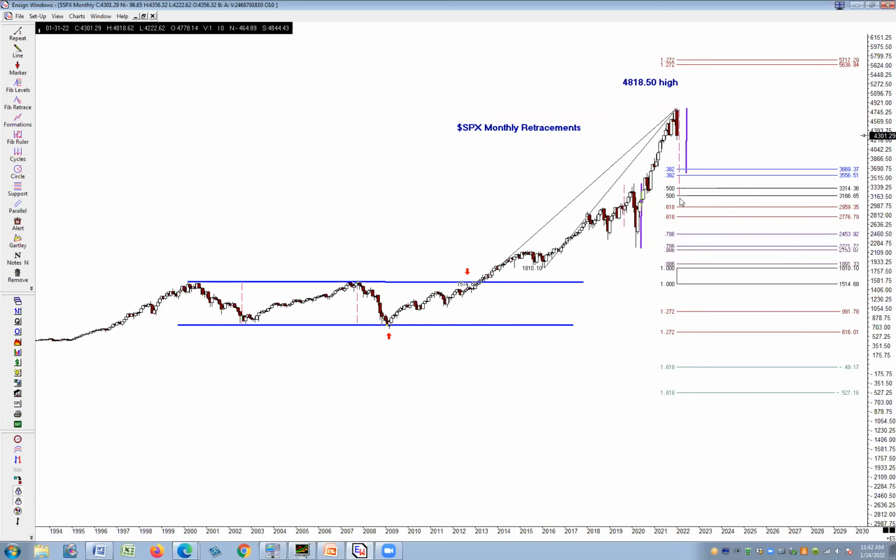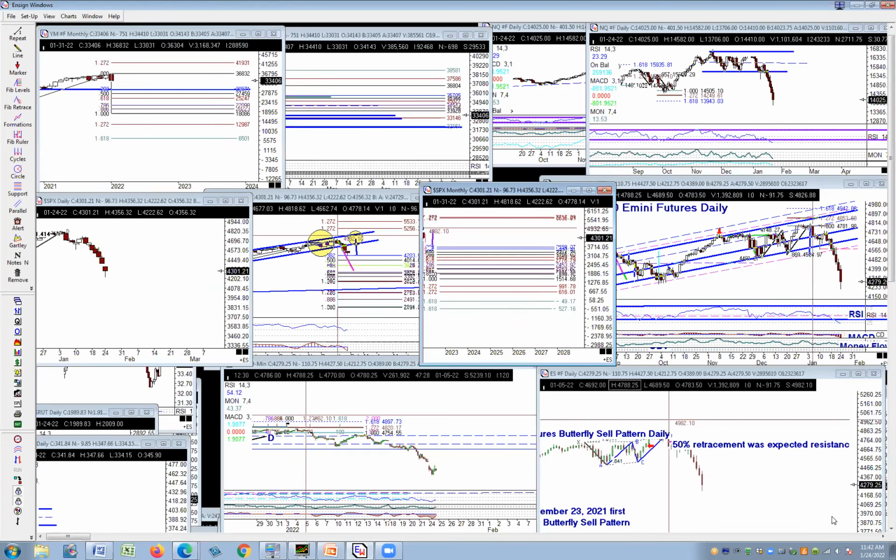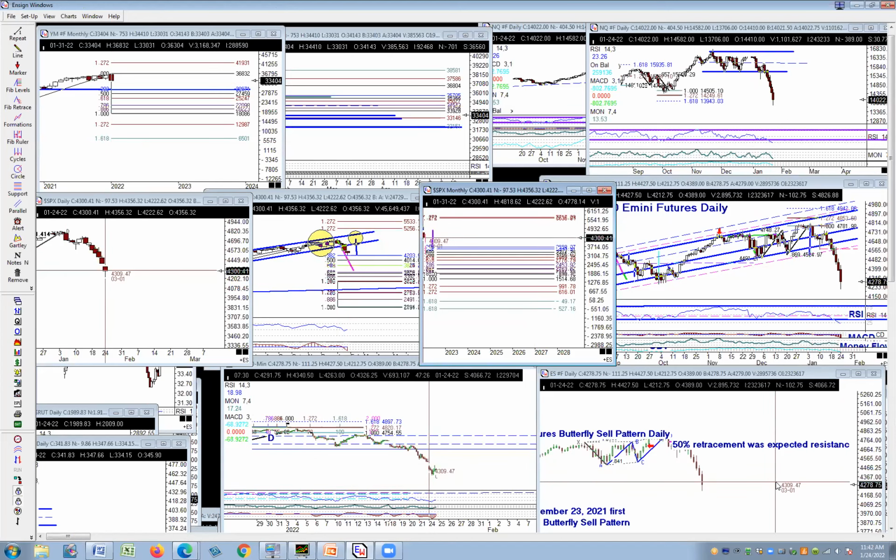Doing a double of this correction, this one here from the 2000 and 2007 bear markets, and we're just doubling that line, that's coming down to this 0.50, which is pretty close to retesting that area. So there are just a few things for you to look at to help you analyze the charts.